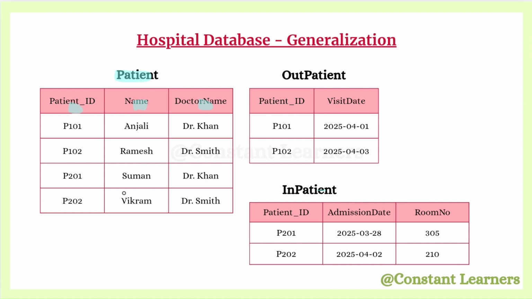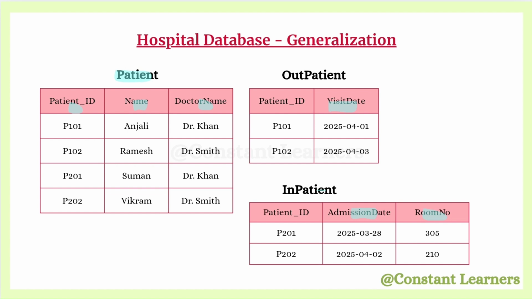Clean, consistent and efficient. Alright, and outpatient will have the visit date, inpatient will have the admission date and room number. So now when Dr. Smith updates a name, it changes in one place and automatically applies to both inpatient and outpatient. One update, consistent data everywhere.